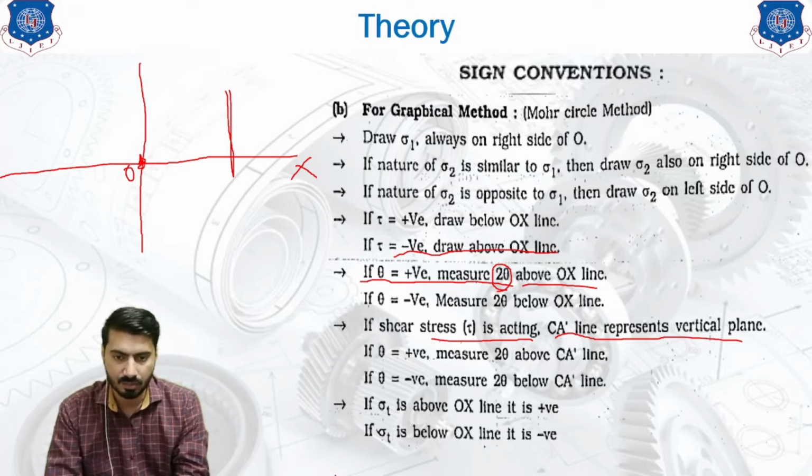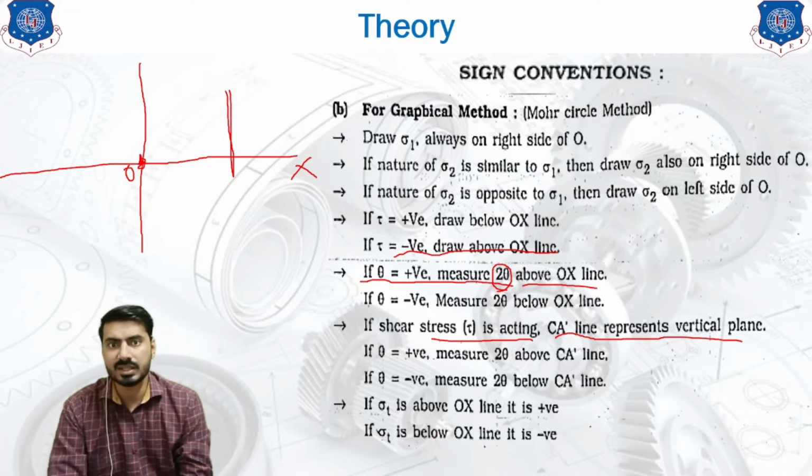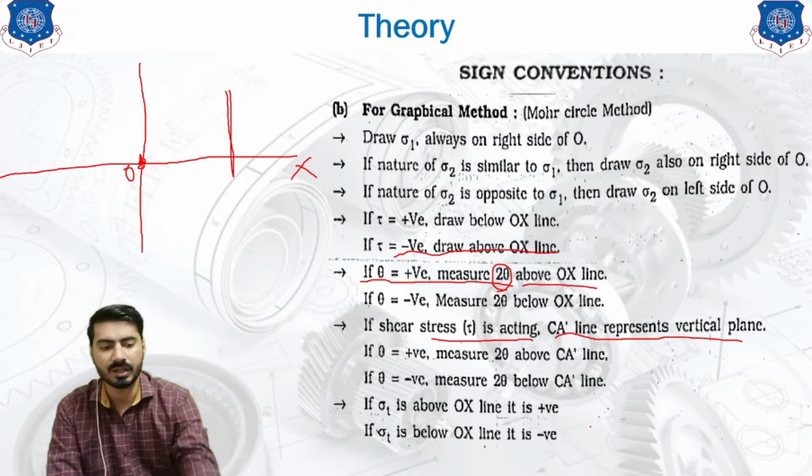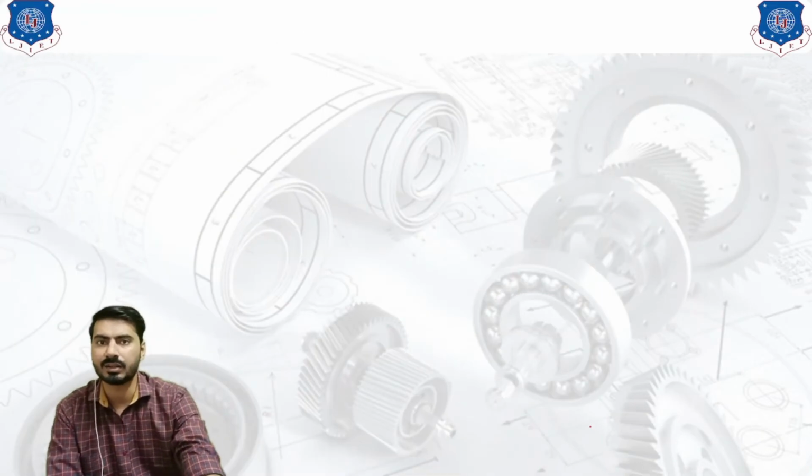Now if theta is positive, then measure 2 theta above the CA dash line. And if theta is negative, then measure 2 theta below the CA dash line. Now if sigma t is above the OX, then it is positive, and if sigma t is below the OX, then it is negative. These are the basic terminologies that you need to understand. We will see these terminologies applied in our examples also, so that you don't get confused.